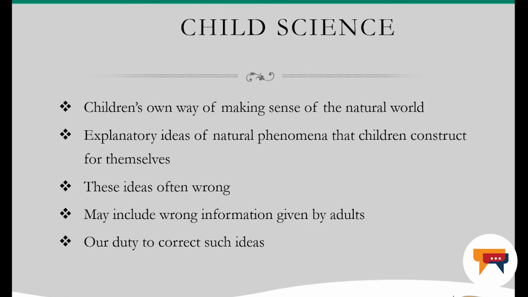In other words, children have their own personal child science. Secondly, if the meanings and ideas that a child has constructed for himself or herself are incorrect, any new information that is linked to them is also likely to be incorrect or wrongly applied.